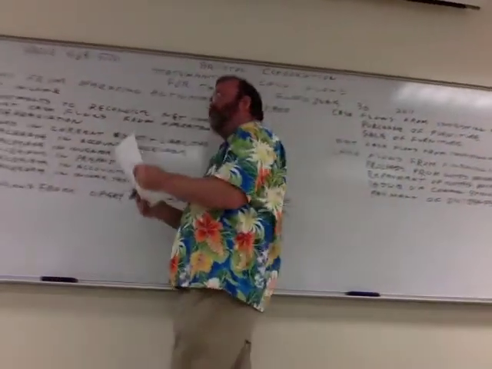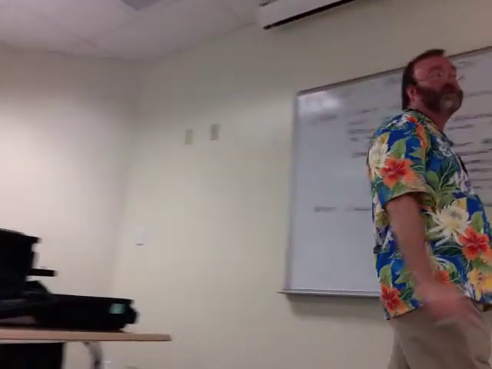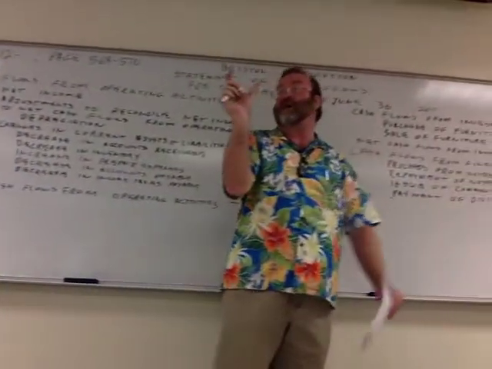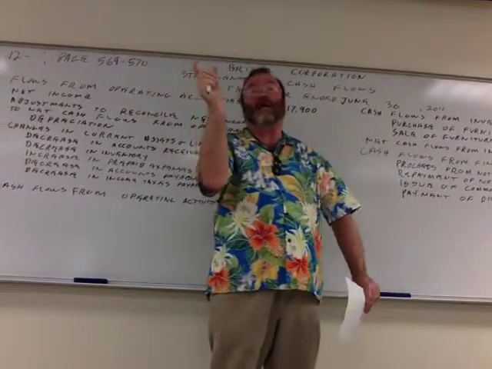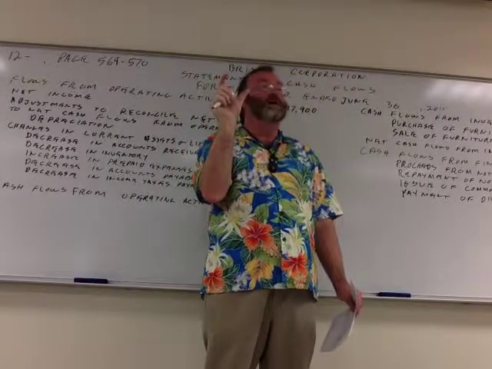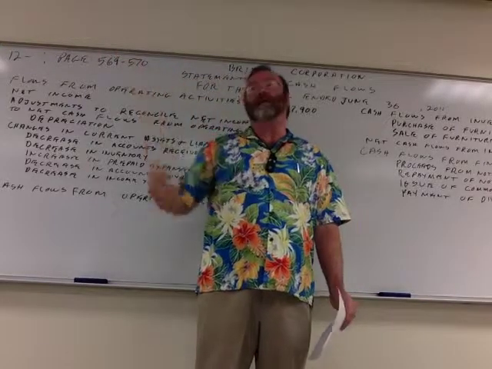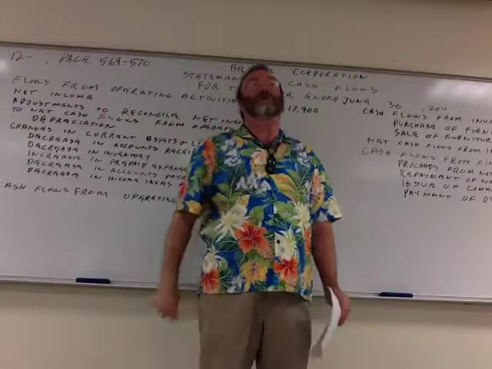So how much did we pay in dividends? Does it tell us? $4,300. But you could figure that out also, because you could look at the difference between beginning retained earnings and ending retained earnings, add in the net income, and whatever it needs is dividends.